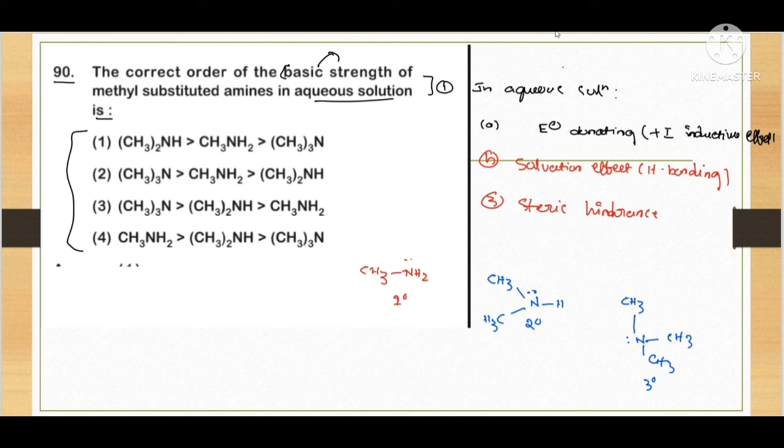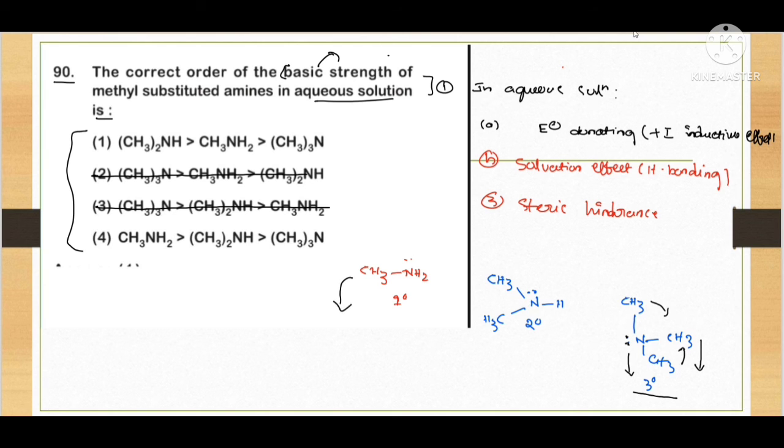This is called a tertiary amine. When you observe the structures, we clearly conclude that tertiary amines have steric hindrance. That's why the lone pair donating ability decreases. By knowing this point, you can easily eliminate option 2 and option 3.